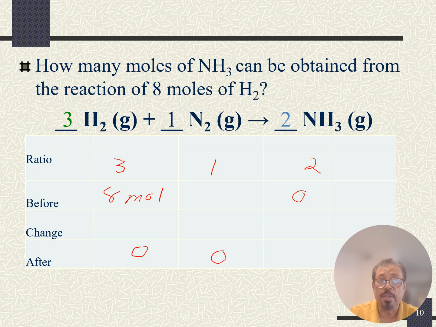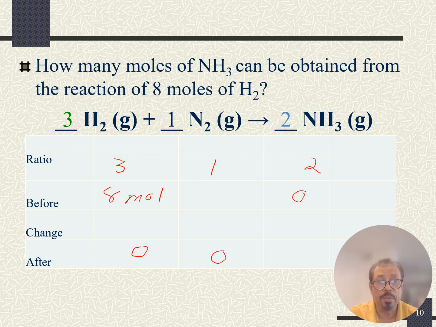So the nitrogen is 1/3 of the hydrogen. So we need to divide the number 8 by 3 to find out the answer, which is 2.6 or 2.7.